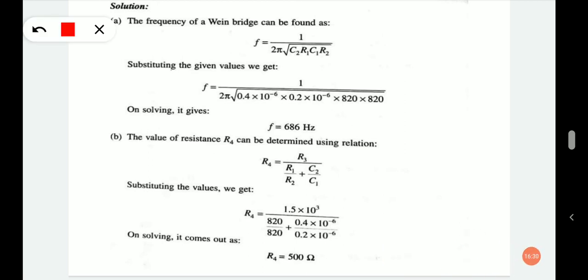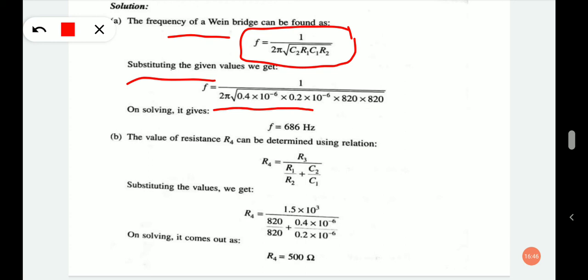The frequency of Wien bridge can be found as, we know the expression, that is f equals 1 upon 2 pi square root of C2 R1 C1 R2. We know the values.